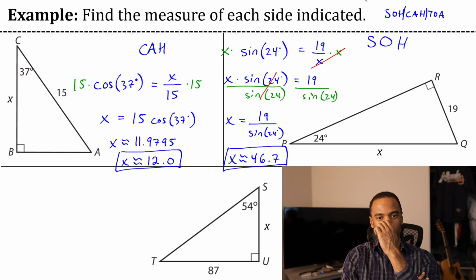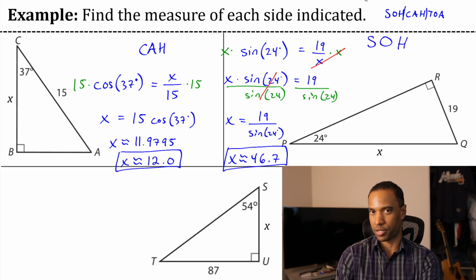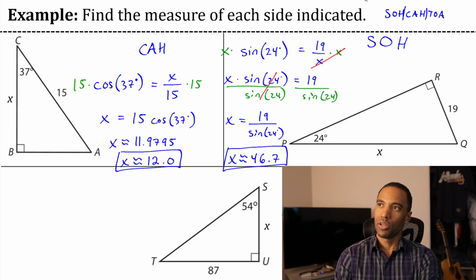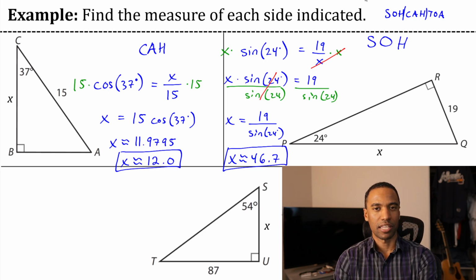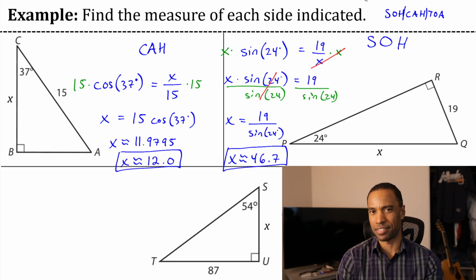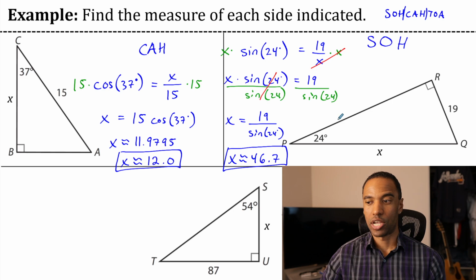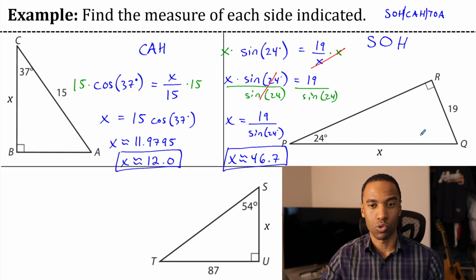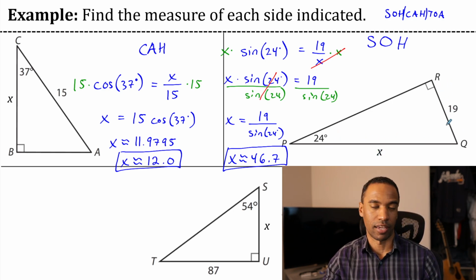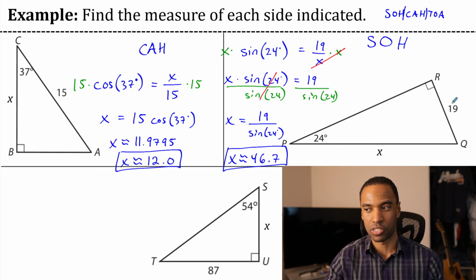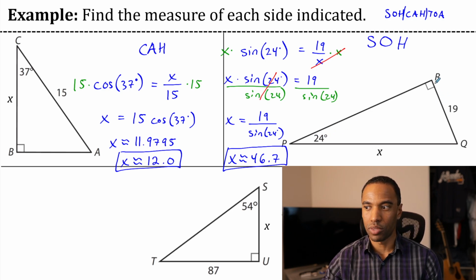Now, one thing I will ask you to do, listen, I didn't know this answer. But I will give myself a reality check and say, is that answer reasonable to me? The first thing I'm going to check is, as it's a hypotenuse, was it at least longer than this side length? Yes. See, if I get something shorter than the side length, I know something went wrong, right? Hypotenuse should be longer. Not only should it be longer, but because this angle is more acute, that means this side is relatively shorter than the hypotenuse.